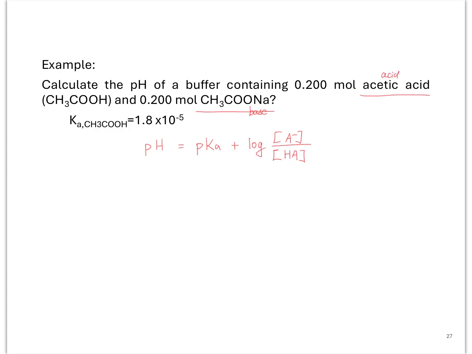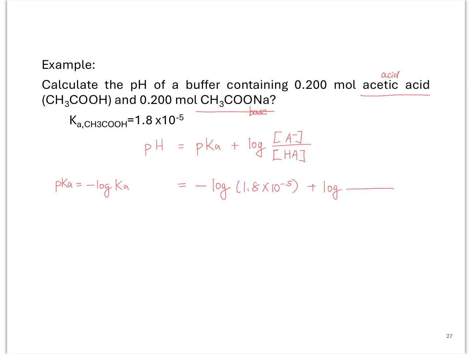For this one, we want the pH, so we need to know the pKa. The Ka value of the acid is given, so we basically need to calculate pKa first, the negative log of Ka. We plug that in: negative log of 1.8 times 10 to the negative 5, plus the log of the concentration of A minus divided by HA.